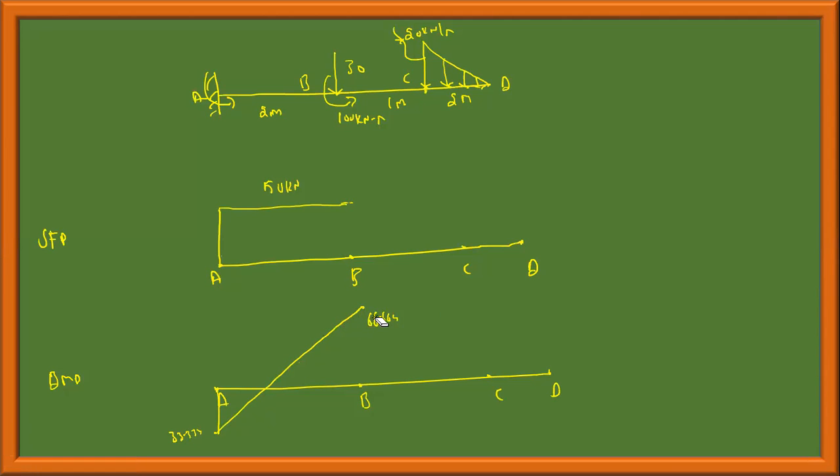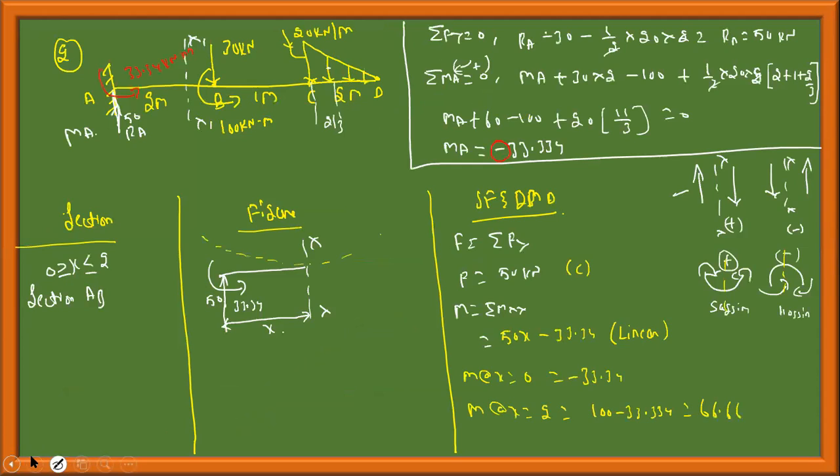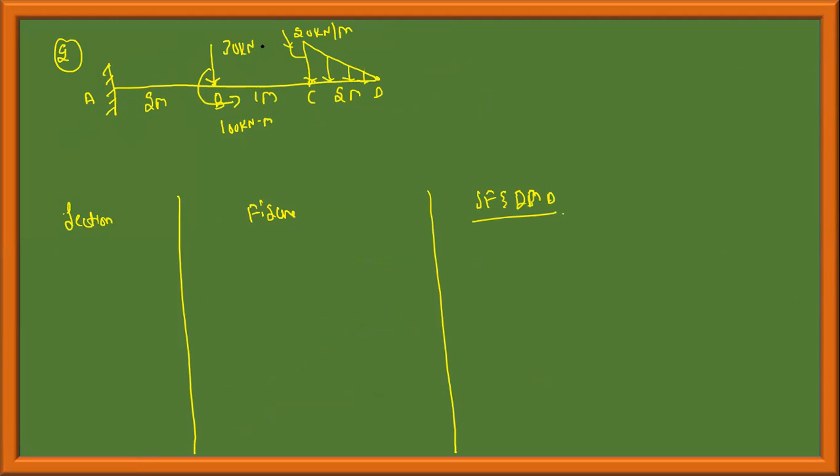Next, I will take the section here, x2, segment BC, x greater than or equal to 2 and less than or equal to 3. Okay. Let me draw.